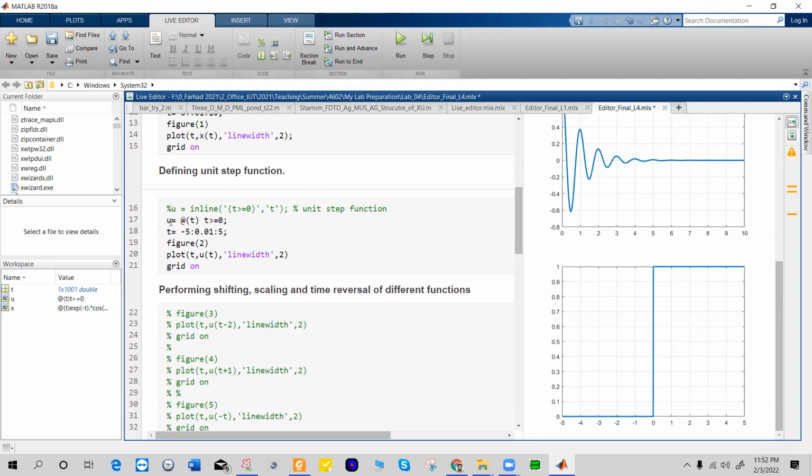If this condition is false, then you will have 0. So u is nothing but a single array, and in this array first this condition will be checked. Depending on the condition, if it is true you will have 1, and if it is false you will have 0.